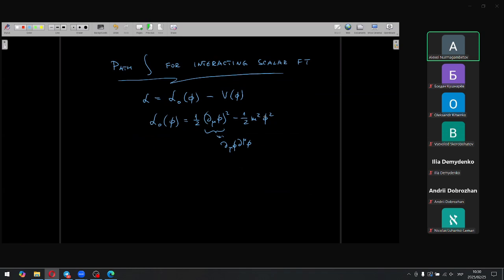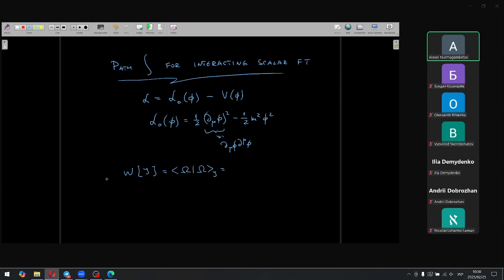And then, as before, the generating functional W depending on external sources is denoted by the vacuum to vacuum transition amplitude in the presence of this non-trivial source or sources.